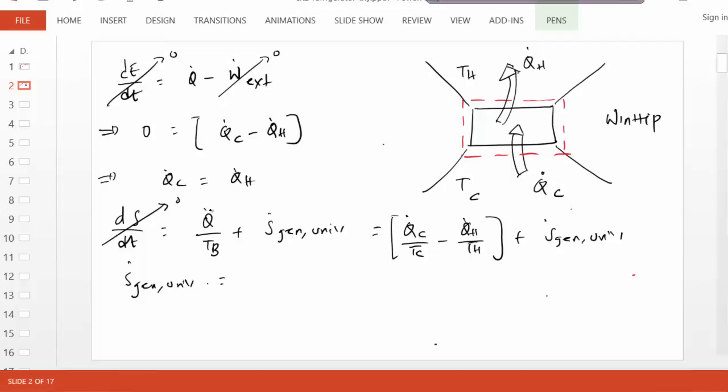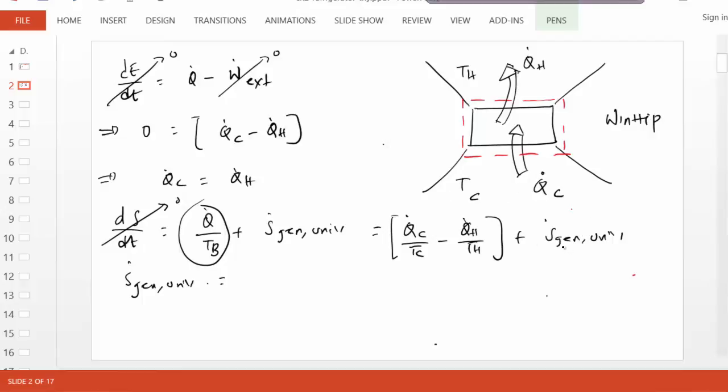See if you follow that. This has to be done over the entire boundary, and because the temperature is changing, we are summing over different parts. There are only two parts where there is a heat transfer. Q dot C over Tc is the entropy that goes in, this is the entropy that comes out, and this is the entropy generation.